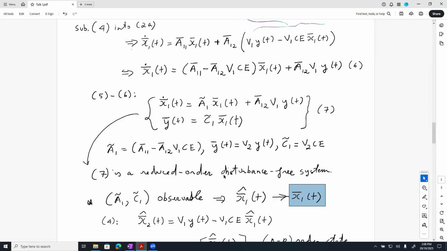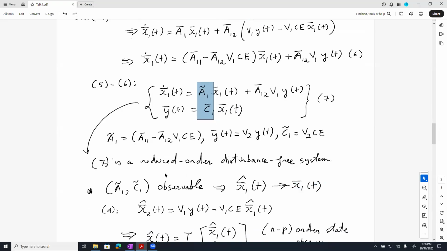Now this is achievable if the matrix pair A1 tilde and C1 tilde is observable, which can be easily checked. By the way, there's a method for an equivalent expression for observability. We don't need to go deeply into that. But what happened in here is we got this matrix A1 tilde is a known matrix.